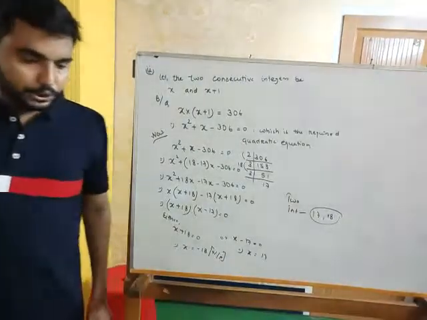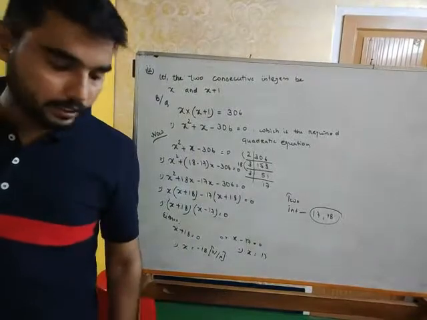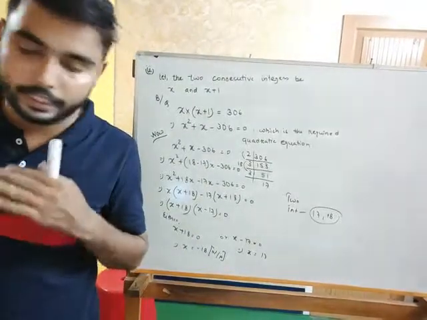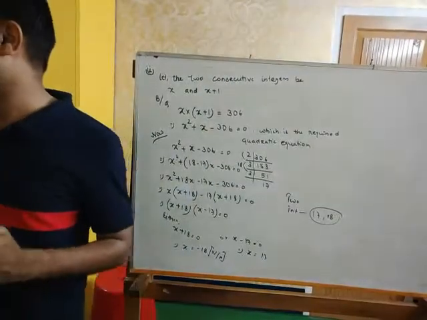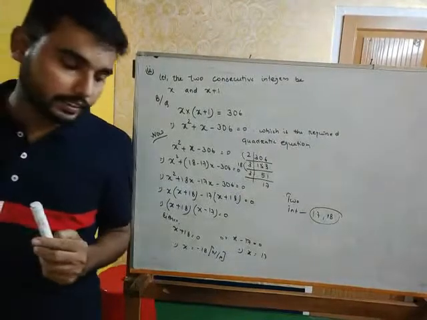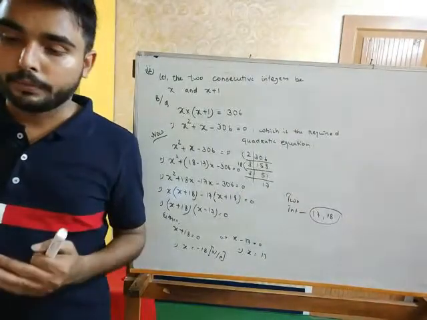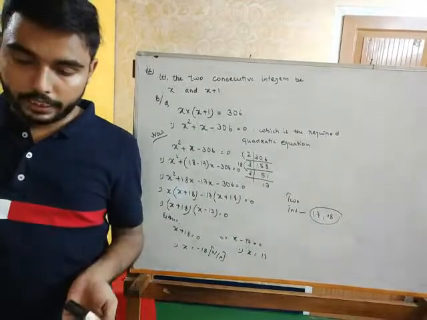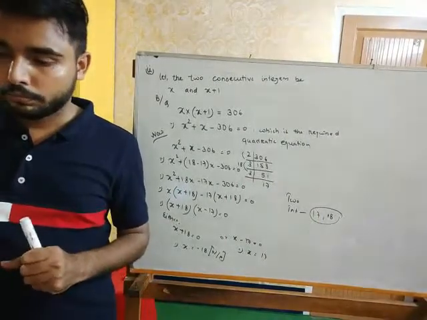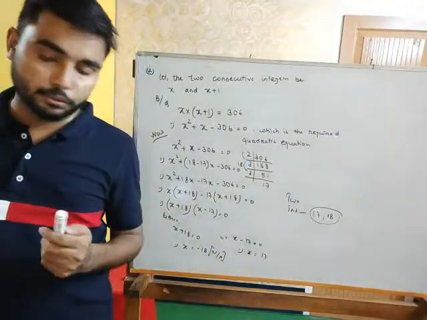So let's see the next question. Ram's mother is 26 years older than him. What did it say? Ram's mother is 26 years older than him. So whose age depends on whom? Whom are you going to assume as X?